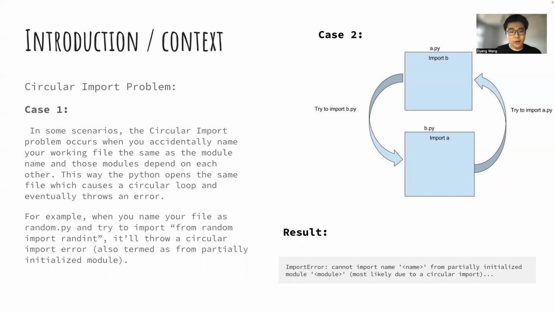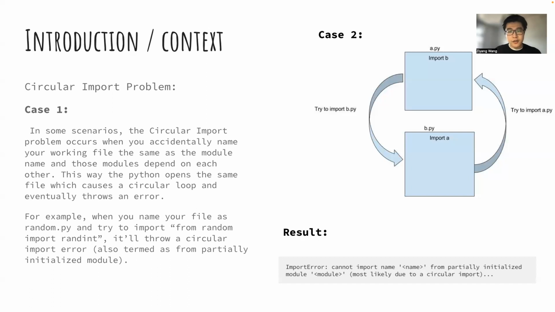In this way, Python opens the same file, which causes a circular loop, and eventually it will throw an error. For example, if you name your file random.python and try to import from random, it will throw a circular import error.